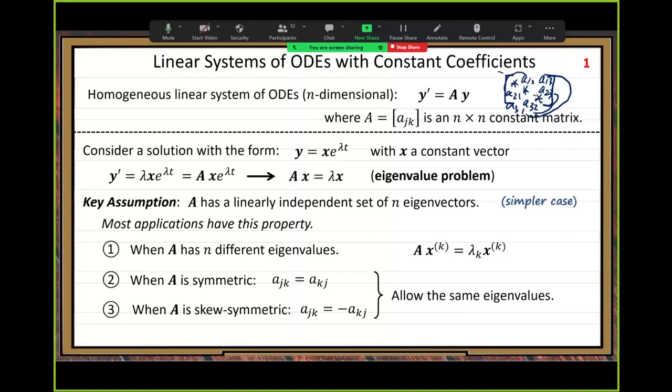So from now on, we assume we take the conditions, special cases from this slide, for the remaining of this class. Relatively simple case. Otherwise, too complicated.